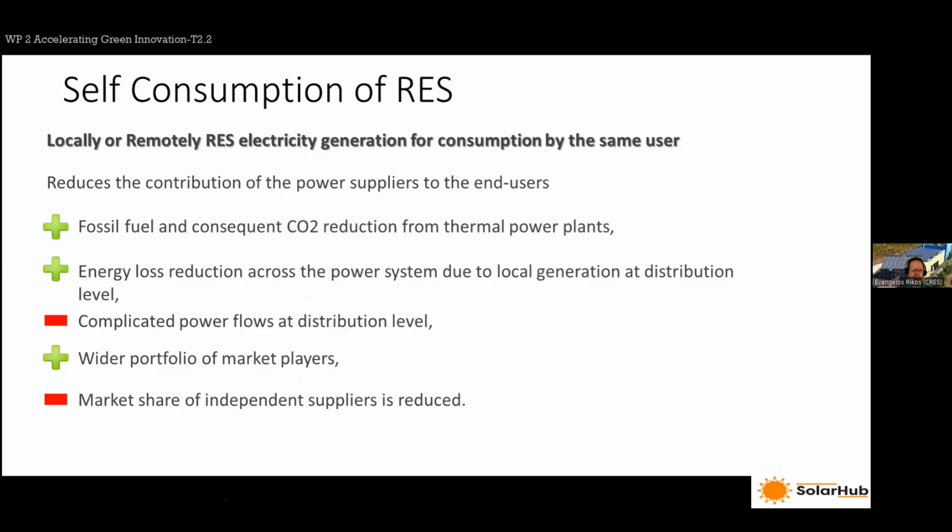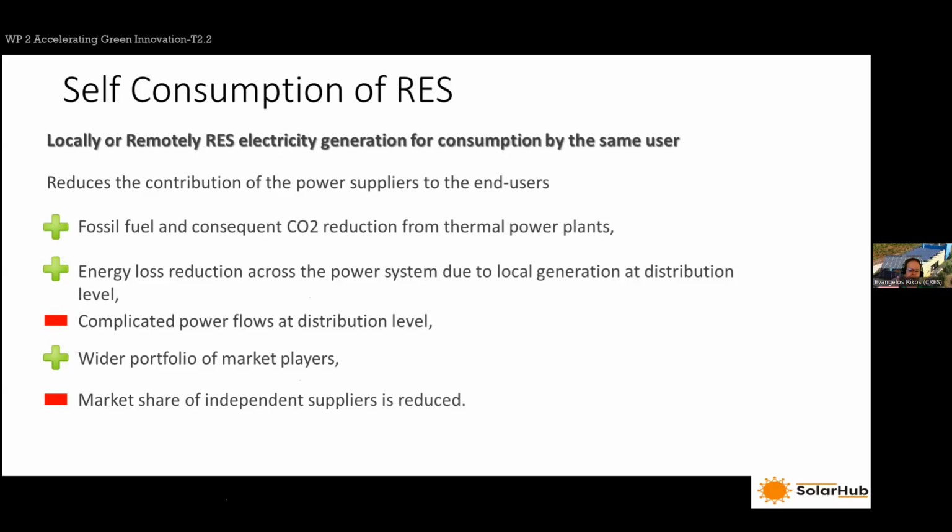For example, the reduction of fossil fuel use and consequent CO2 emissions by thermal power plants, of course. It's a generic advantage of using this self-consumption scheme. You reduce also the energy loss across the power system because you don't need to transmit more energy.